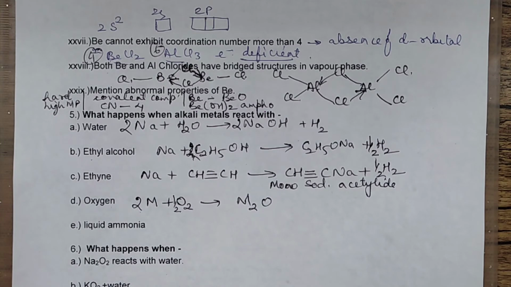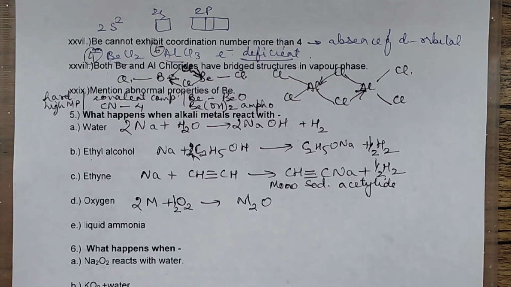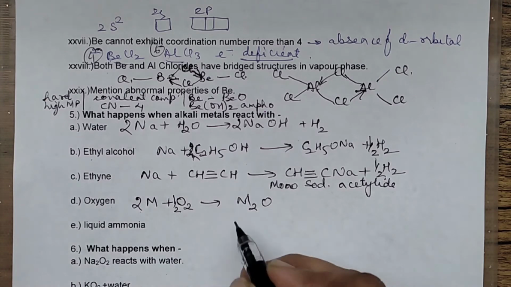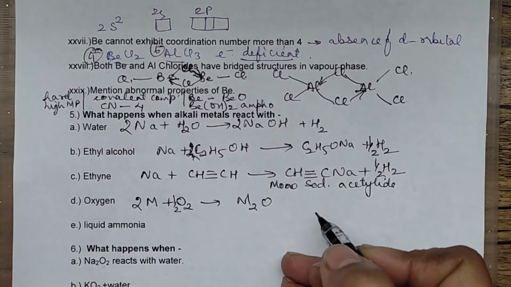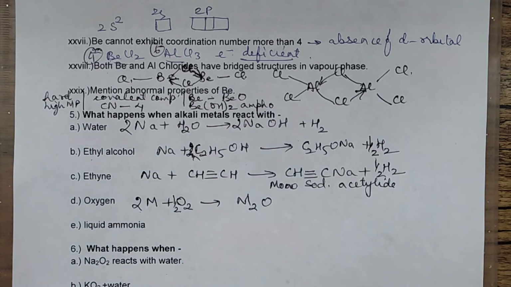If it is lithium, then it will form oxide plus nitride both. Further, if you are using the higher alkali metals, they may also form peroxides. If you use potassium, rubidium, cesium, they may also form superoxide. But if it is asked in general, then only the normal oxide is going to form.